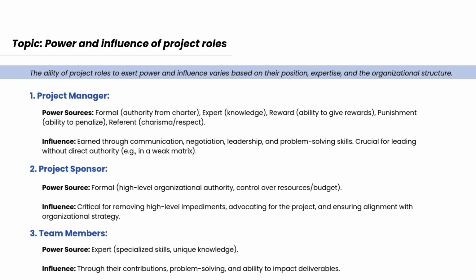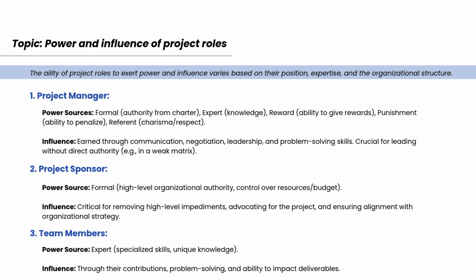Let's explore how different roles in a project have power and influence. 1. Project manager. Power sources. Formal, comes from the project charter. Expert, based on their knowledge or experience. Reward, ability to recognize and reward team members. Punishment, can give warnings or remove privileges.